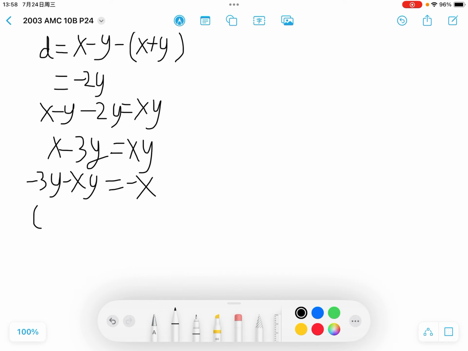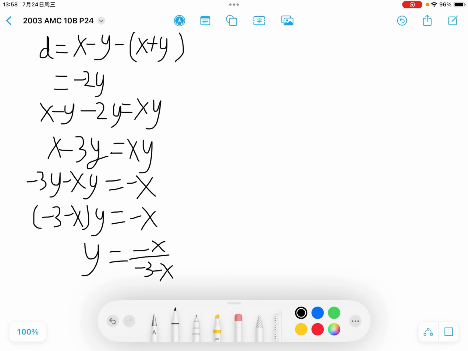And then we factor out the y, and we divide both sides by negative 3 minus x, so we get negative x over negative 3 minus x. So this is essentially just x over x plus 3. So we now have the equation y equals x over x plus 3.